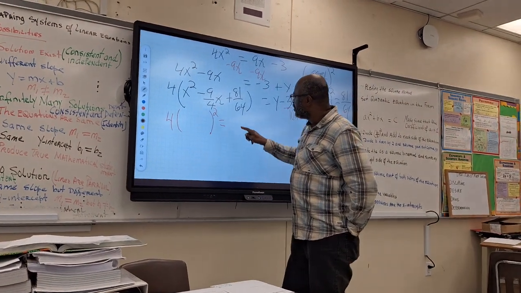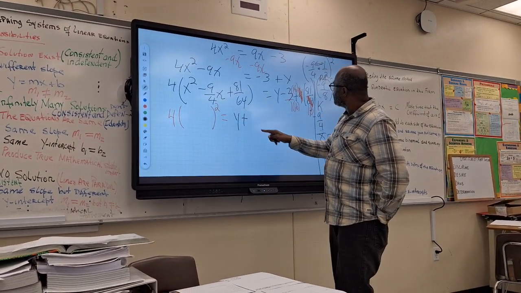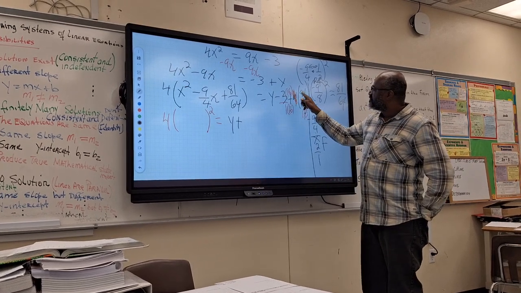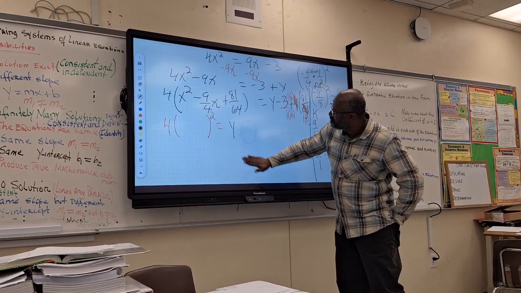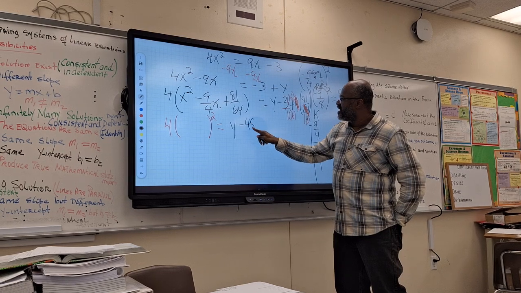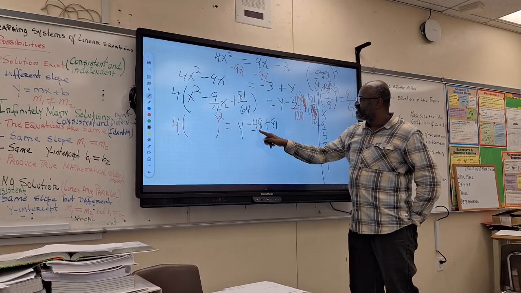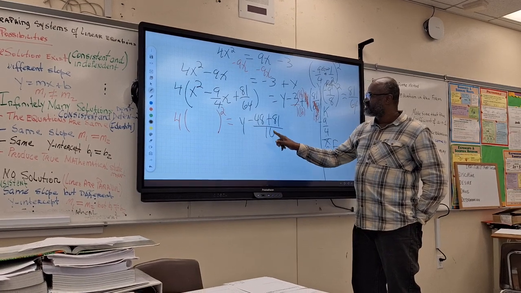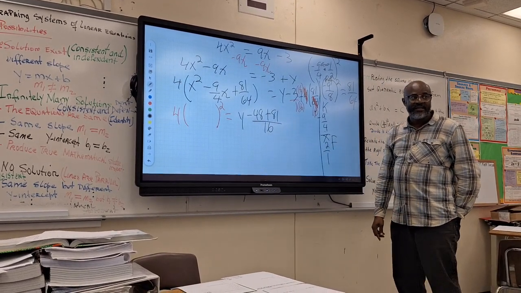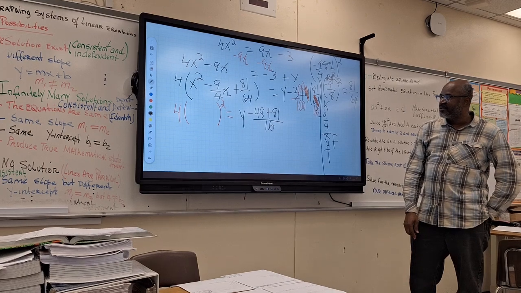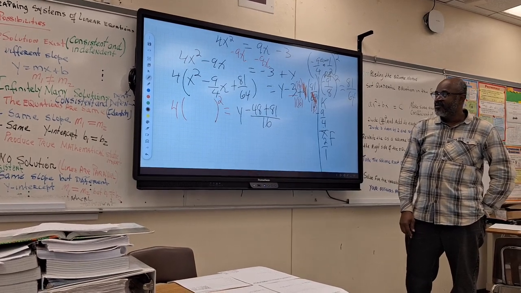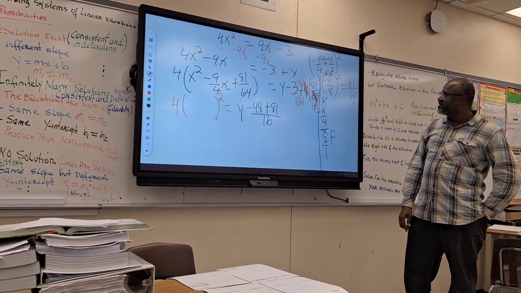This becomes y plus, negative 3 times 16, which is what? That would be negative 48 plus 81, everything over 16. Then you're going to fill in the parentheses now. What is the magic thing that goes inside the parentheses?